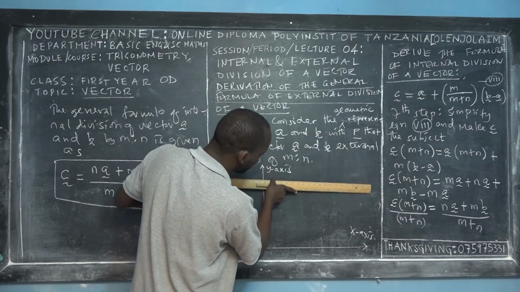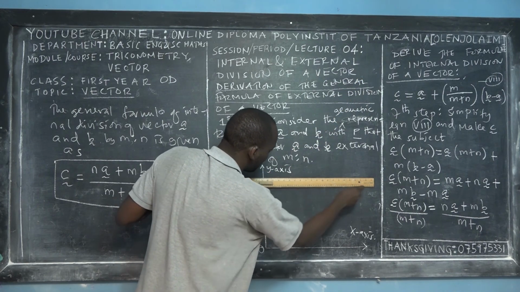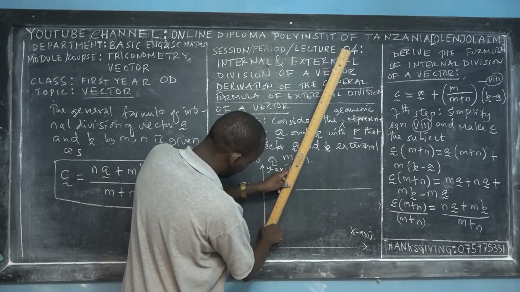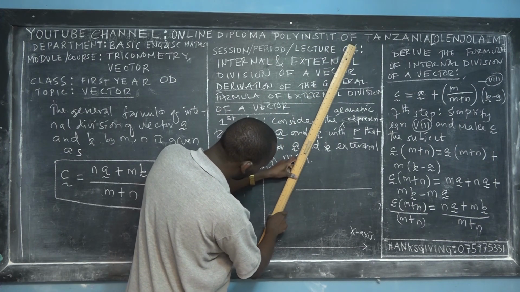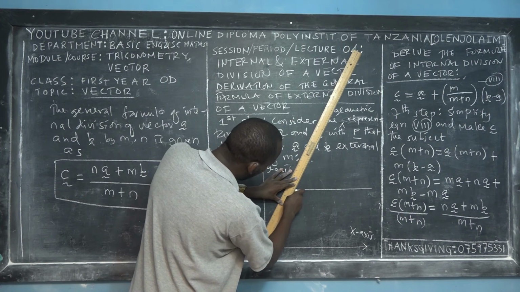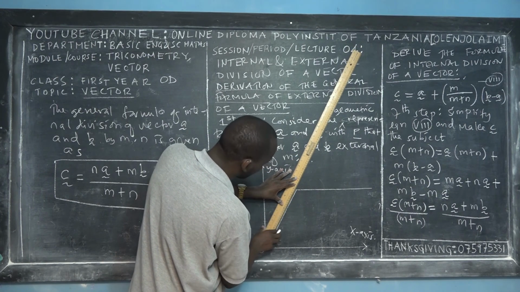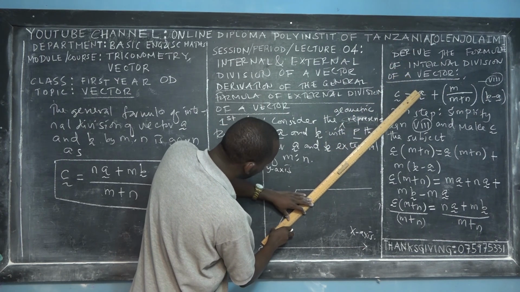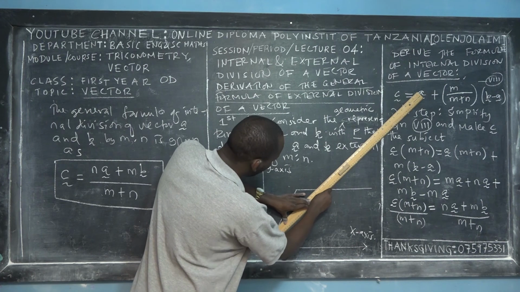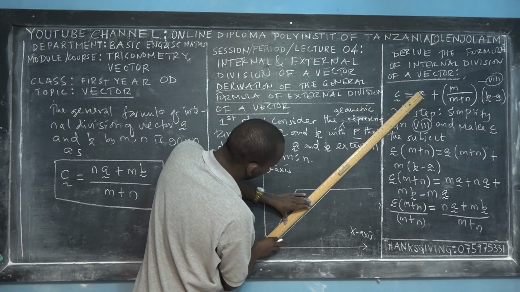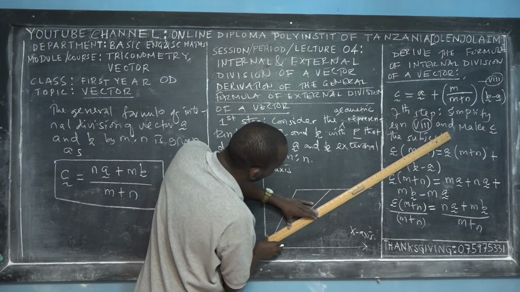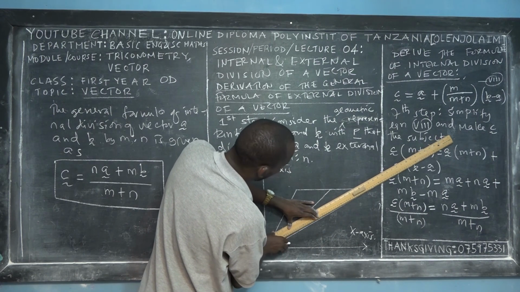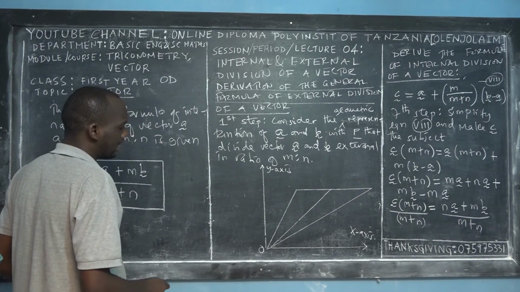First of all, let us draw the line for the displacement vector. And here we have position vectors. Just to remind you, from the terminology in lecture 2, I told you that a position vector is a vector that begins at the origin and ends somewhere else in the plane.